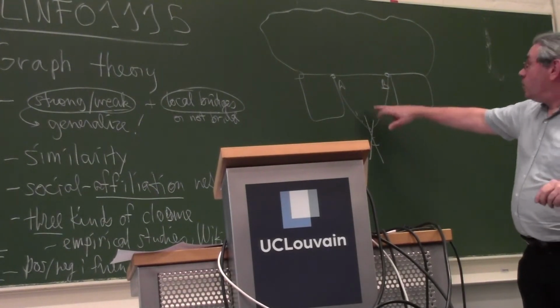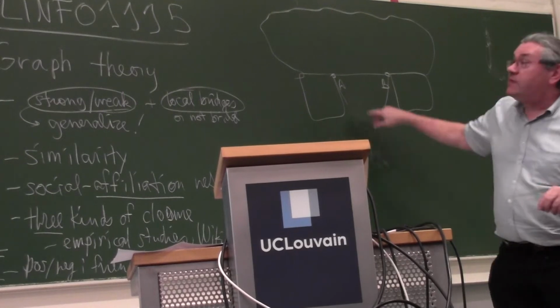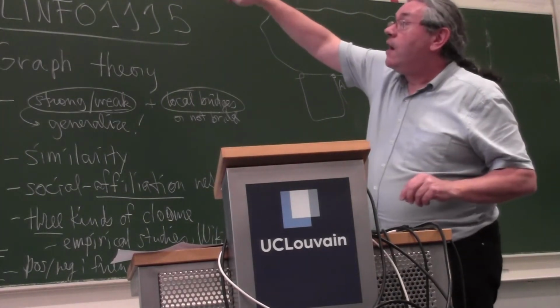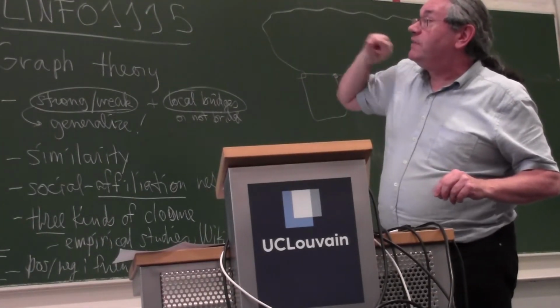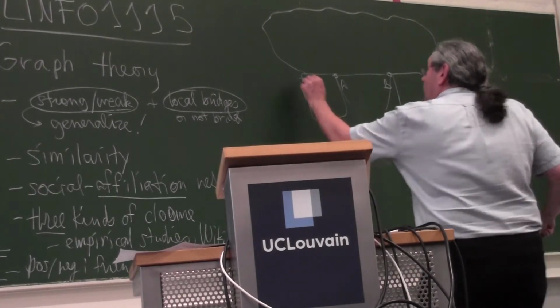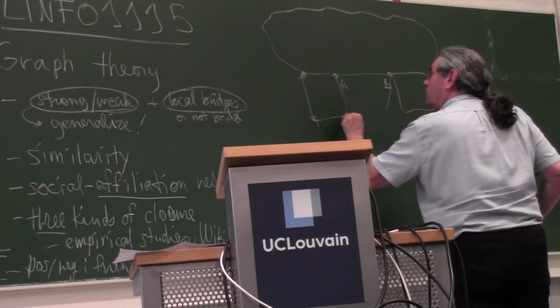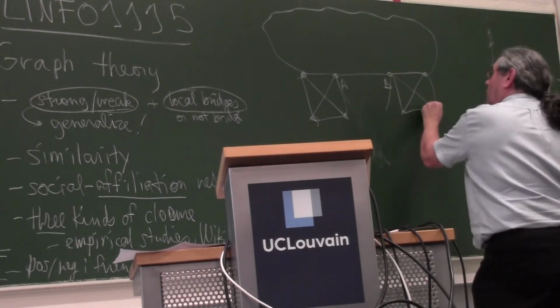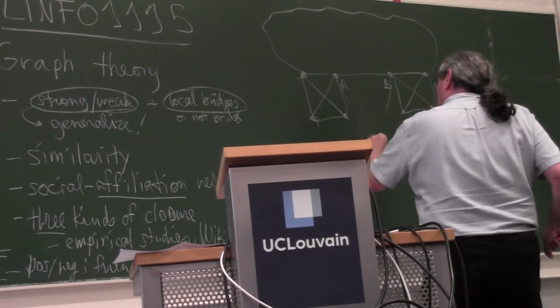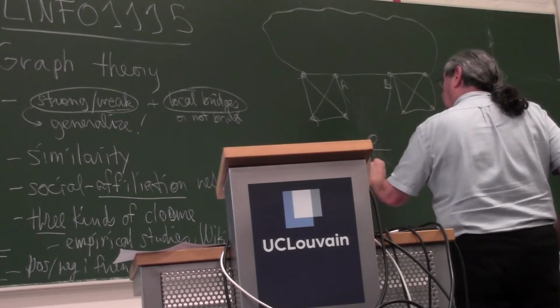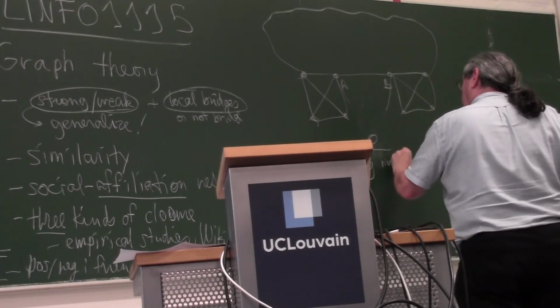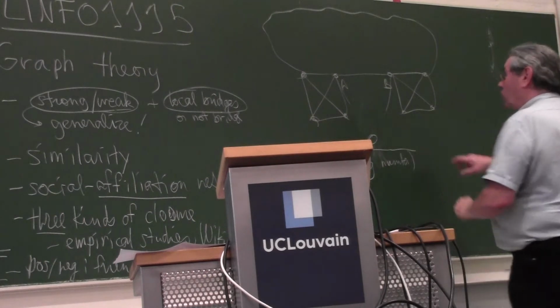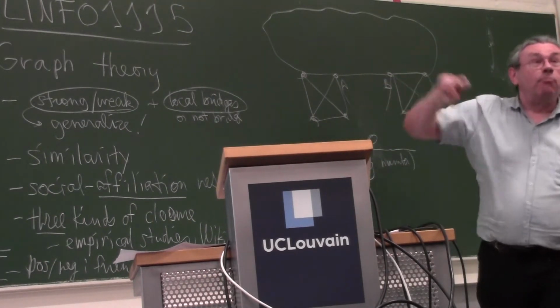So this would give 0 for the top. And the number of nodes who were neighbors of at least one of A and B, that's very many. So we get 0 divided by some big number. So for a local bridge, that number is 0.